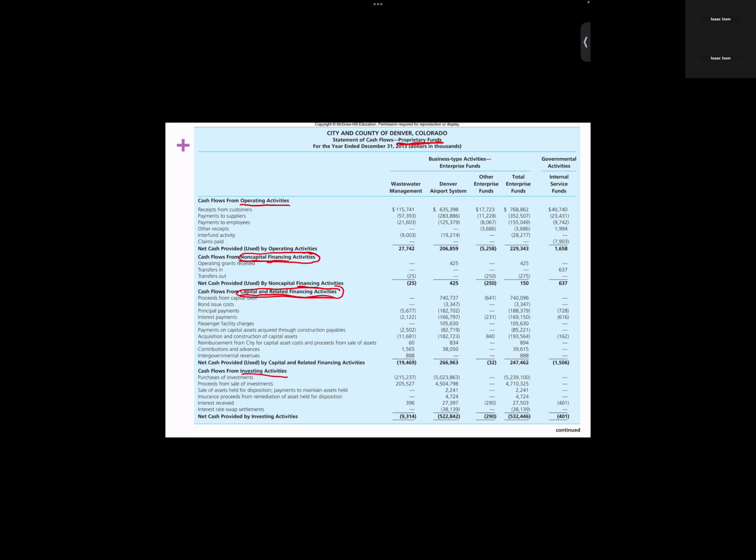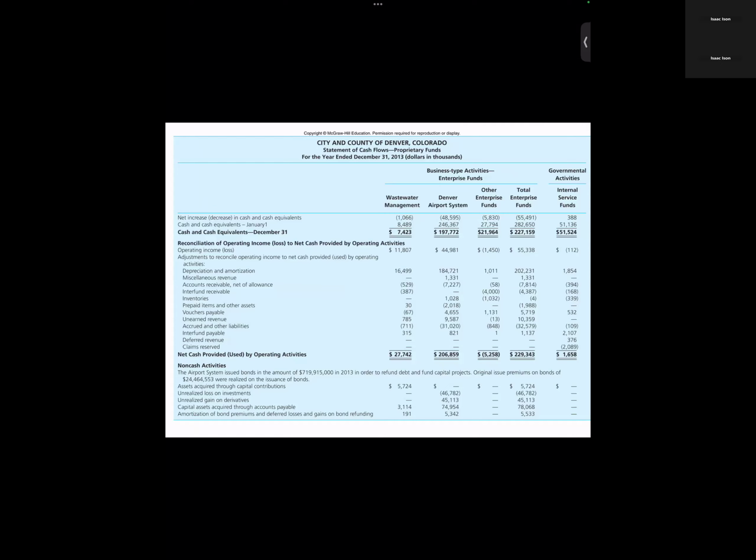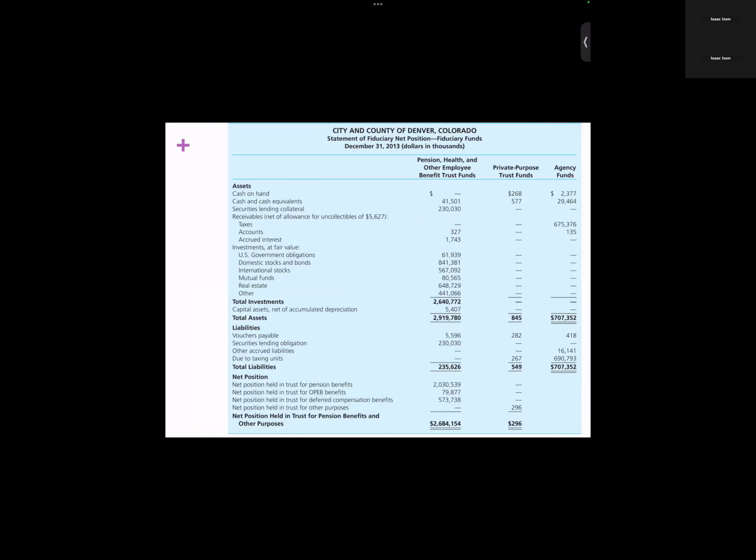So just remember there's 4 sections, and then we change the order from for-profit accounting, and we have non-capital and capital and related. Okay, so there's just a continuation of the statement of cash flows. These are just for Denver, Colorado.